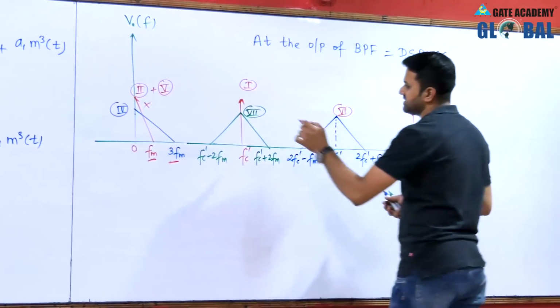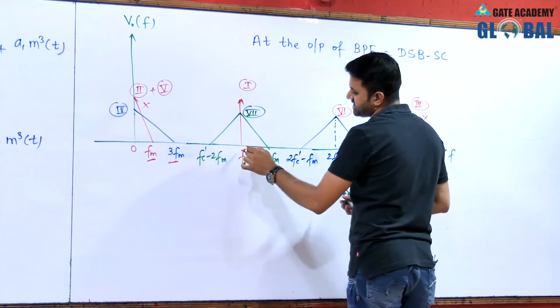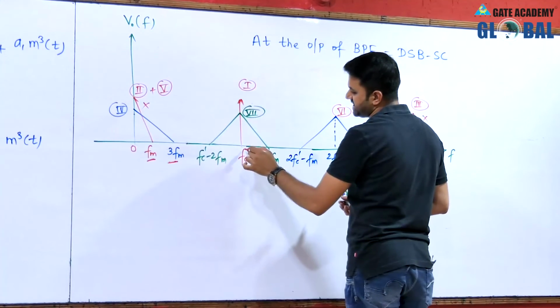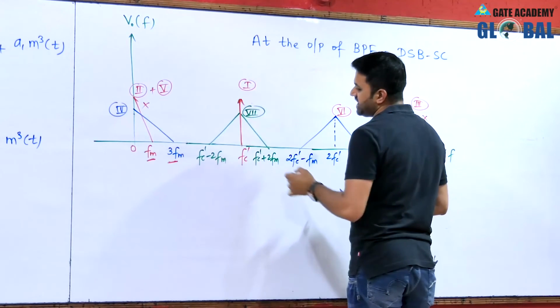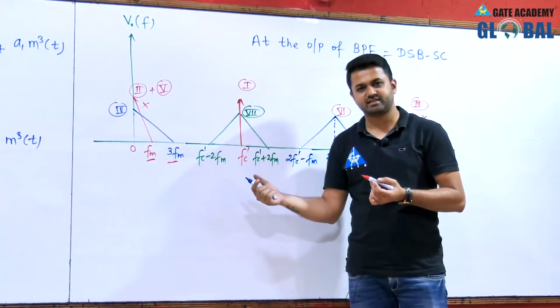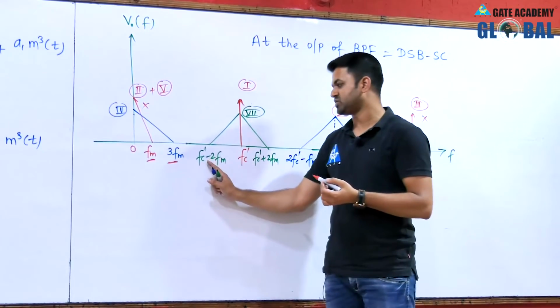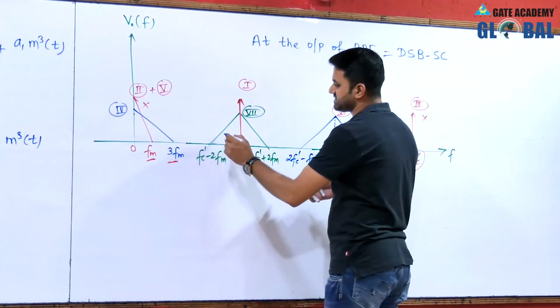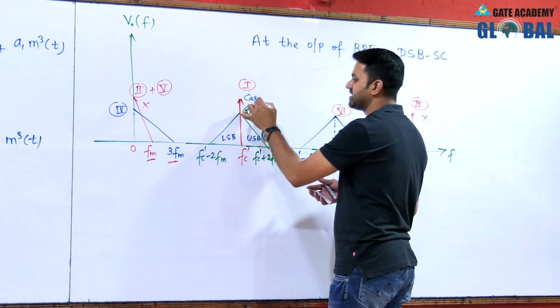In the first term and seventh term, there is a carrier frequency component at fc dash, and there are frequencies higher and lower than the center frequency. So fc dash plus 2fm is our upper sideband, fc dash minus 2fm is our lower sideband, and this is our carrier term.